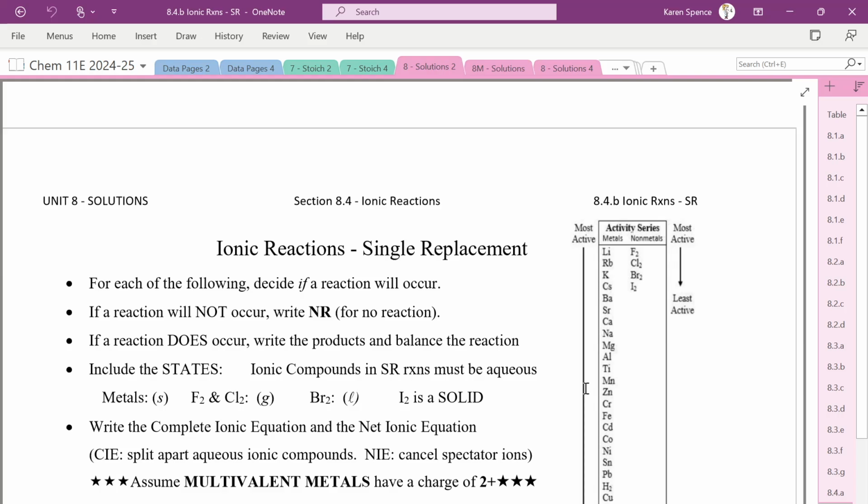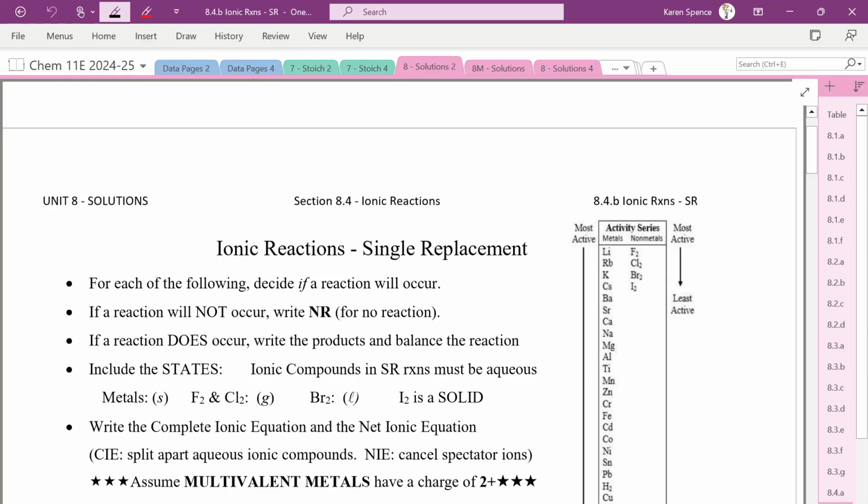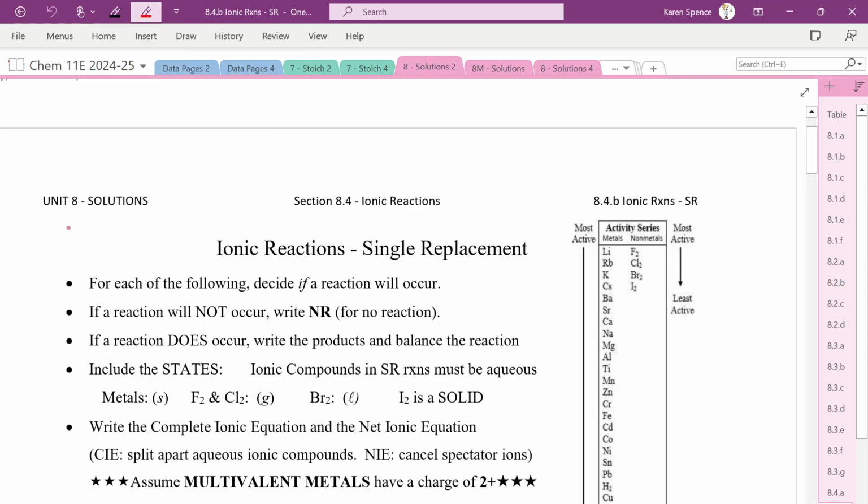What you should know is that if you have an aqueous substance, what do you do with it? Tell your partner, what do you do with aqueous ionic compounds? When we're writing an ionic equation, we split up the ions.